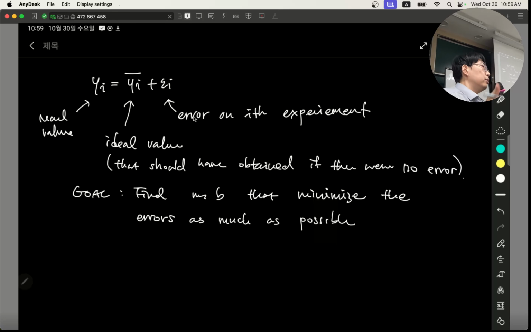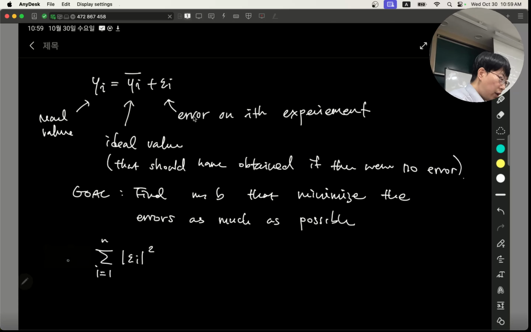So here's a question. There's no one error. So how do we decrease the error as much as possible for all the i-th experiments? There are many ways to do this. One way, and the easiest way for analysis purposes, is to think about the square of these errors for all the data sets.